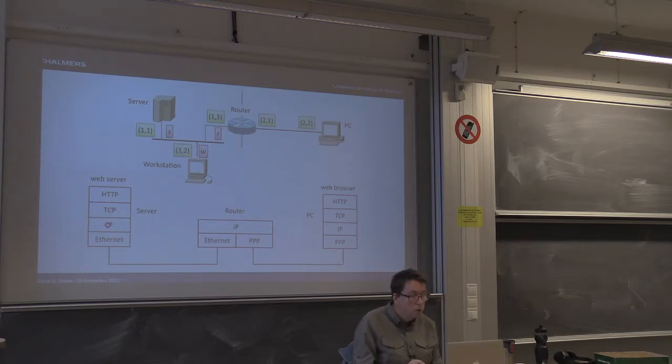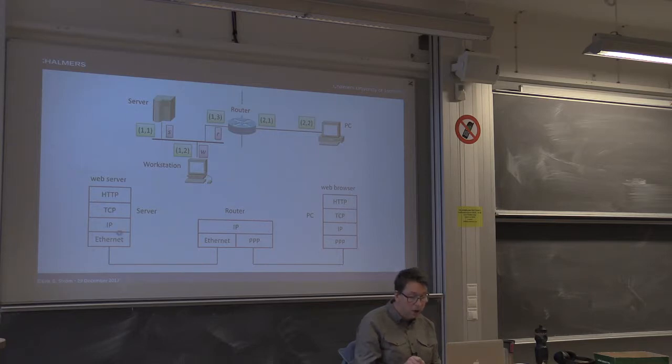TCP would just like IP to hide all the complexity of the networks which are included in this transfer, right? So TCP does not really want to know what's going on at the IP layer. So it provides an abstraction of the underlying physical reality. The Ethernet, of course, has to take care of the physical reality.